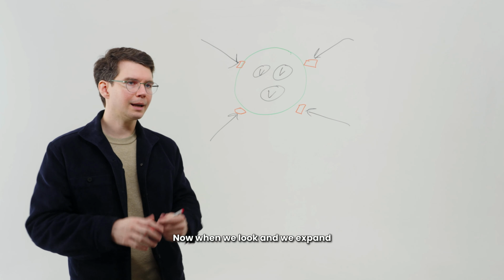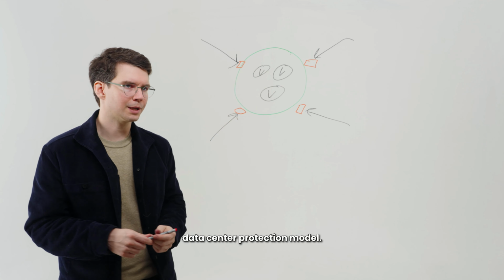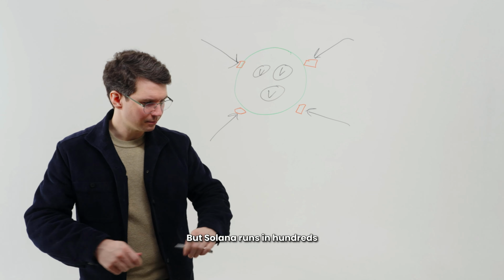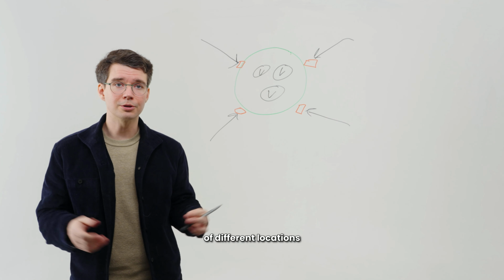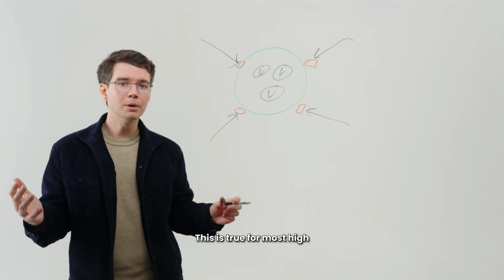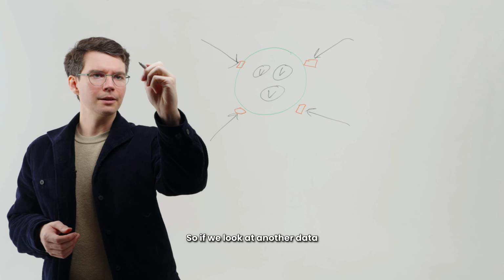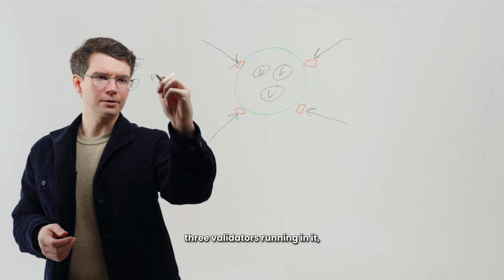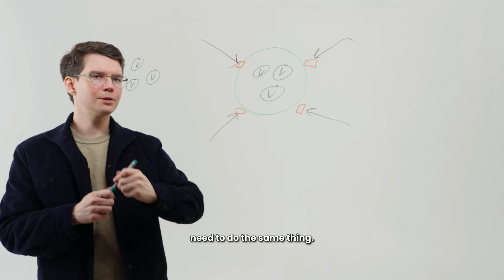Now, when we expand this out, this is great for one data center protection model, but Solana runs in hundreds of data centers around the world. Ethereum runs in hundreds of different locations all around the world. This is true for most high-performance blockchains nowadays. So if we look at another data center that, again, maybe only has 3 validators running in it, you may think, okay, then we need to do the same thing.